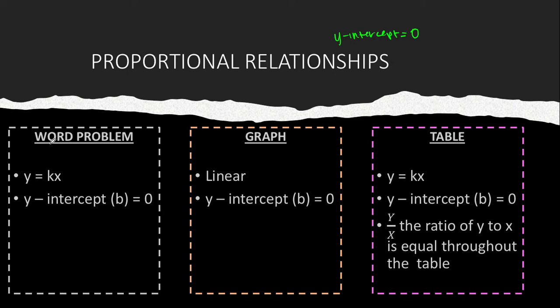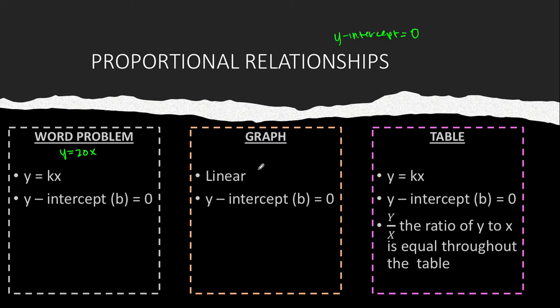So going back to the previous problem, if I started the summer with $0 but made $20 each week, that would be the equation y equals 20x, right? Plus 0, but I'm not going to write the plus 0. This will be a proportional relationship because my starting amount is 0.